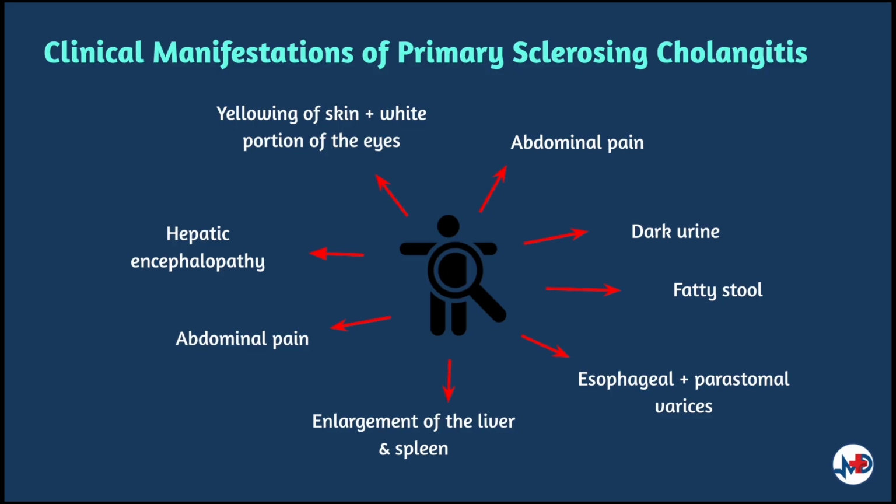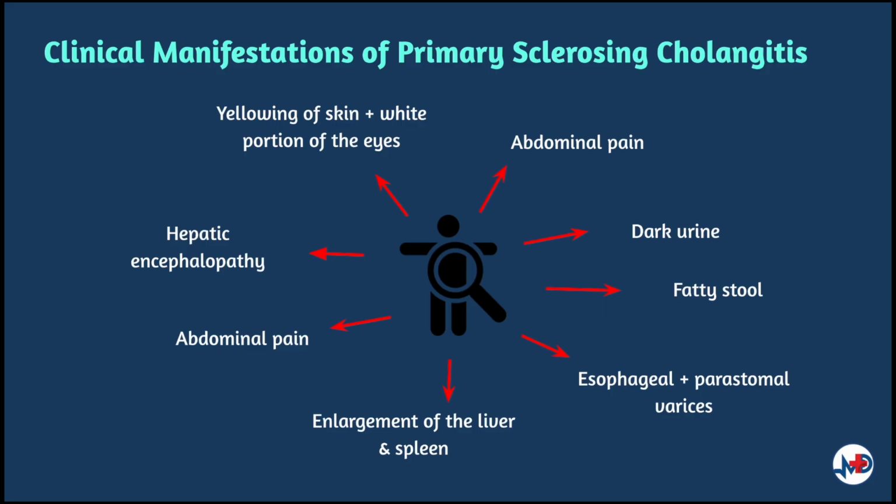So you want to look out for, as mentioned earlier, any evidence of jaundice, abdominal pain, evidence of cholestatic jaundice, particularly where the patient would be complaining of having dark urine, fatty stool, pale-colored stools, esophageal or peristomal varices, enlargement of the liver and spleen, abdominal pain, and hepatic encephalopathy.